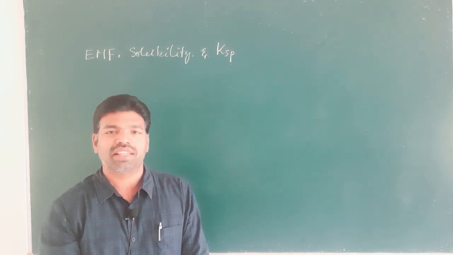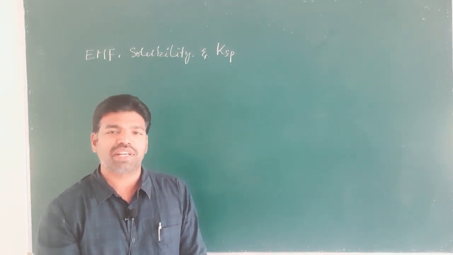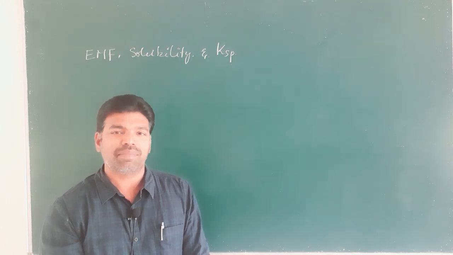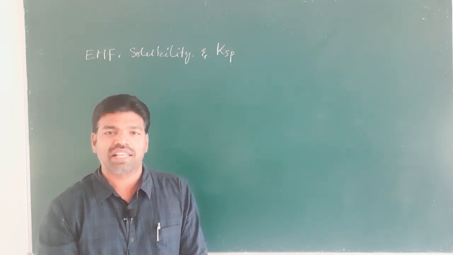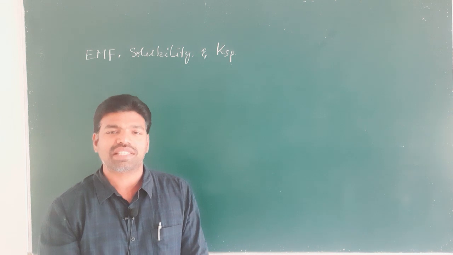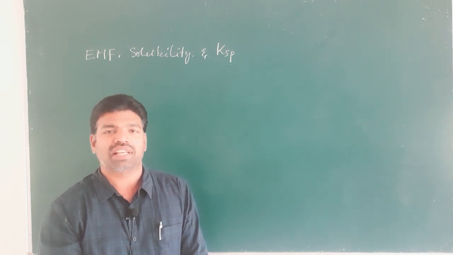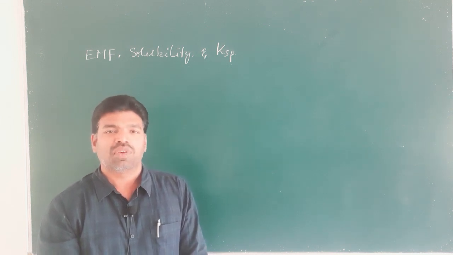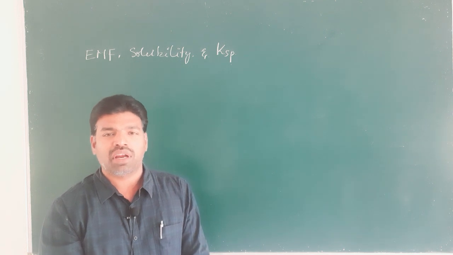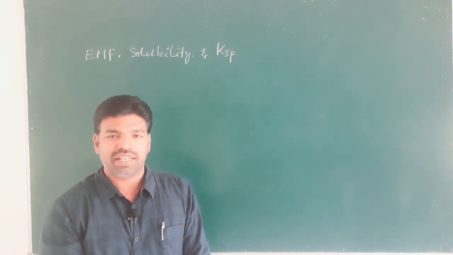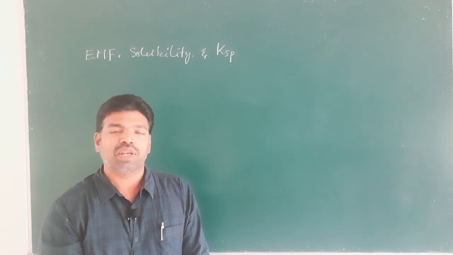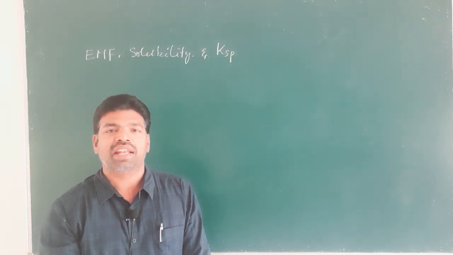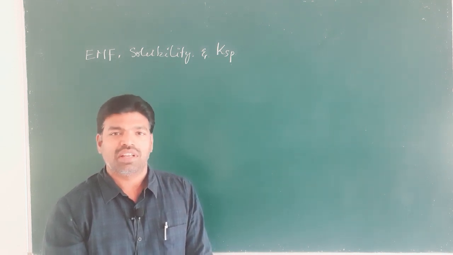To understand the relation between solubility, solubility product and EMF, let us consider a concentration cell. In the previous videos, we had gone through the concentration cells, electrolyte concentration cells and electrode concentration cells.